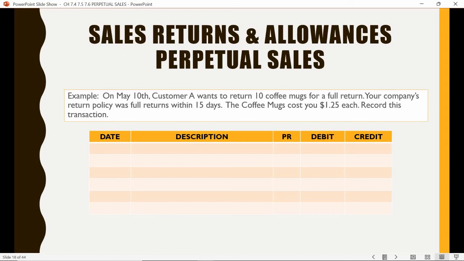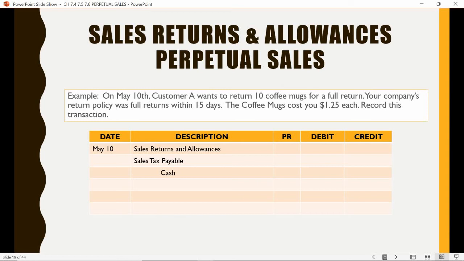Now, in this case, this is going to be identical to periodic inventory, except, again, we have to think about what has happened here, what the situation is. But the journal for sales is identical. So in this case, we're going to recognize sales returns and allowances. We're going to recognize that we had to give a portion of the money back, however the customer paid, which in this case, customer A paid with cash.